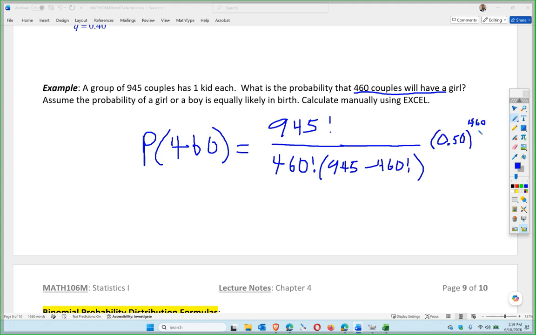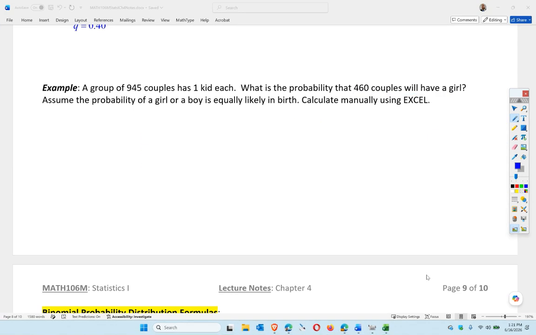Right. So 460 and then 50%, right, to the power of, I didn't leave myself enough room there, but that exponent should be 945 minus 460, correct? That should be the exponent. Okay. Let's do this in the spreadsheet, though.